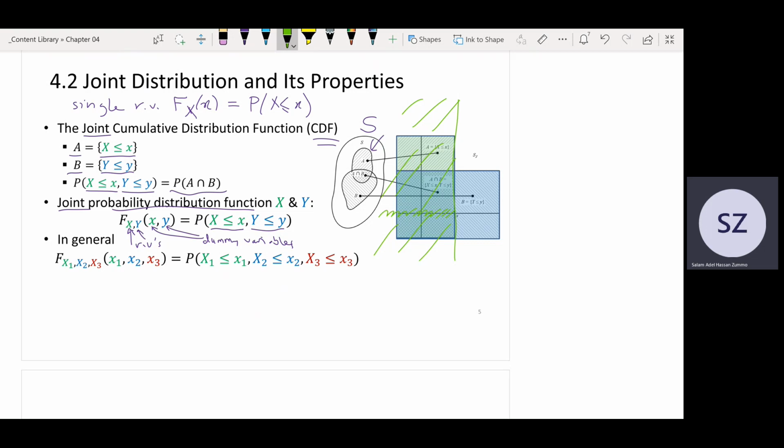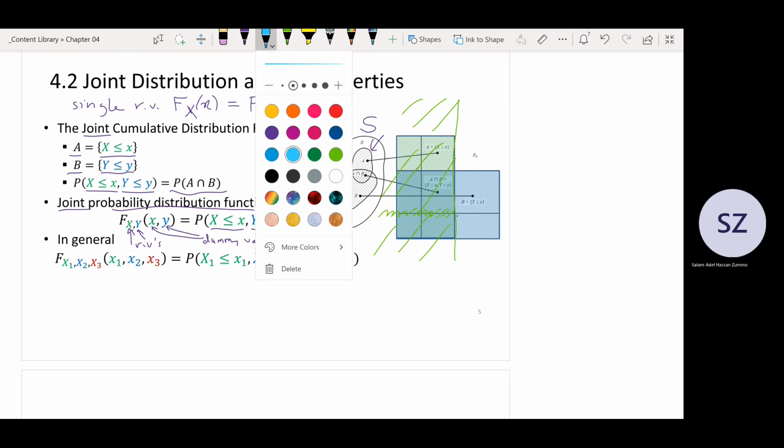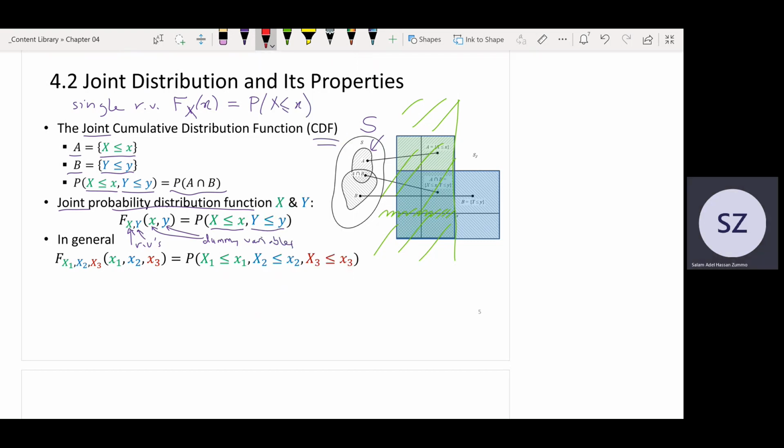While in Y, the event B is defined as Y less than or equal to a specific number. When is Y less than or equal to a specific number? Where is Y?